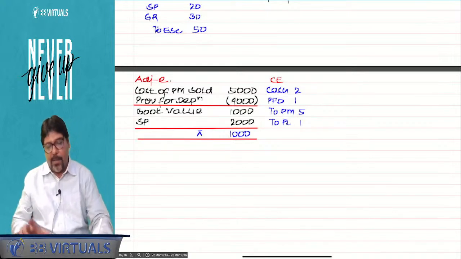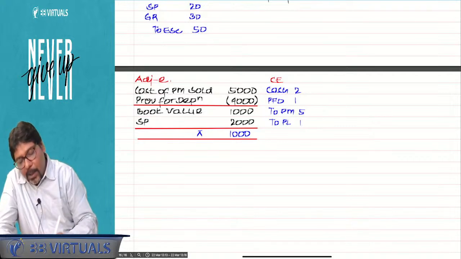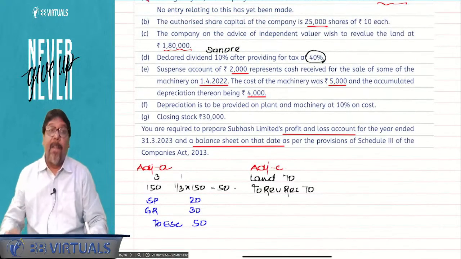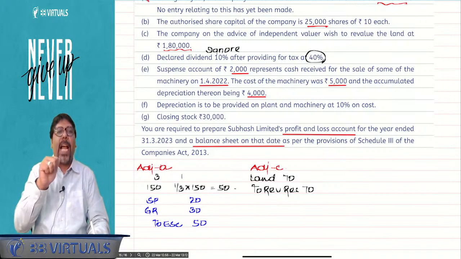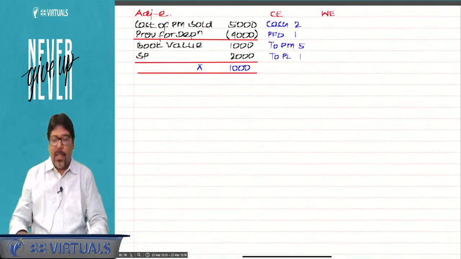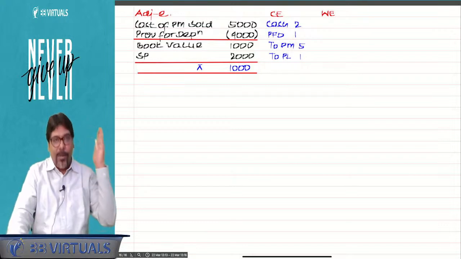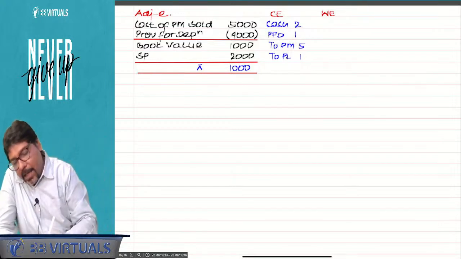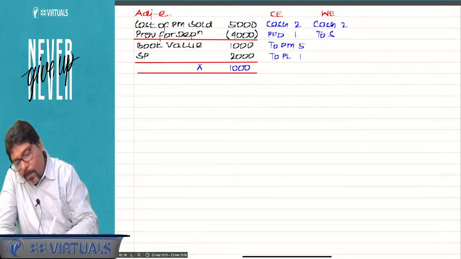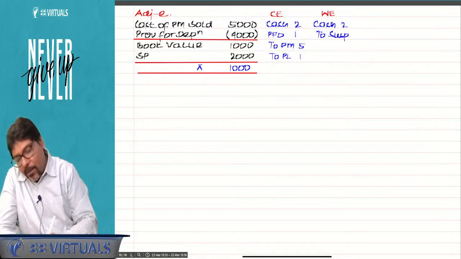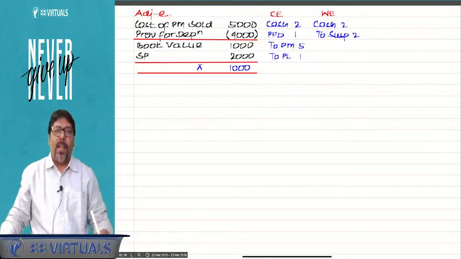Now, my wonderful chartered accountants, tell me what wrong entry they have passed. They have said suspense of rupees 2,000 represents cash received for sale. So the accountant of the company passed the entry: cash to suspense, 2,000.